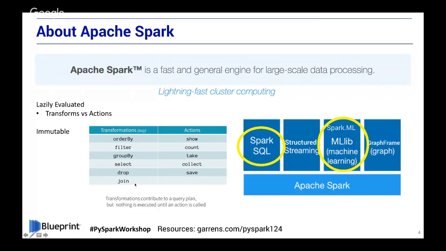All these transformations are lazily evaluated. That means when you hit enter and tell it to run, all it's going to do is evaluate that your statement is syntactically valid and can be executed. It's going to create an entry in its history, its lineage, to figure out what it's going to run when you ultimately tell it to do something.